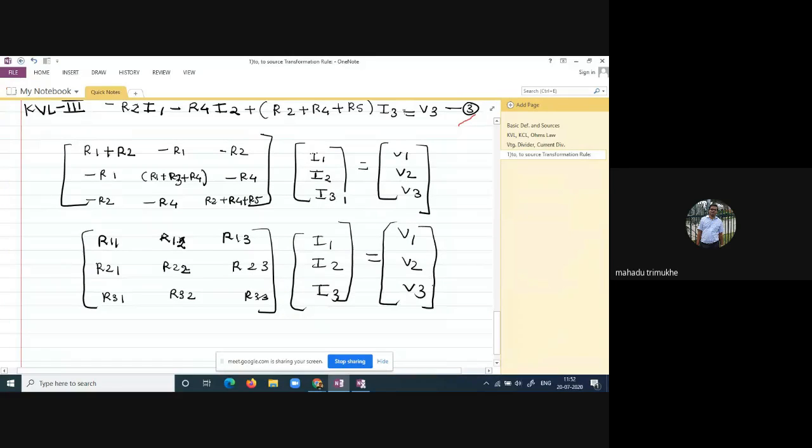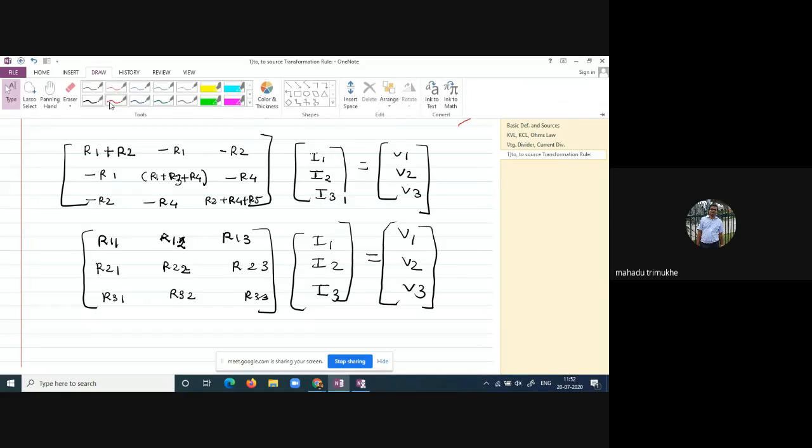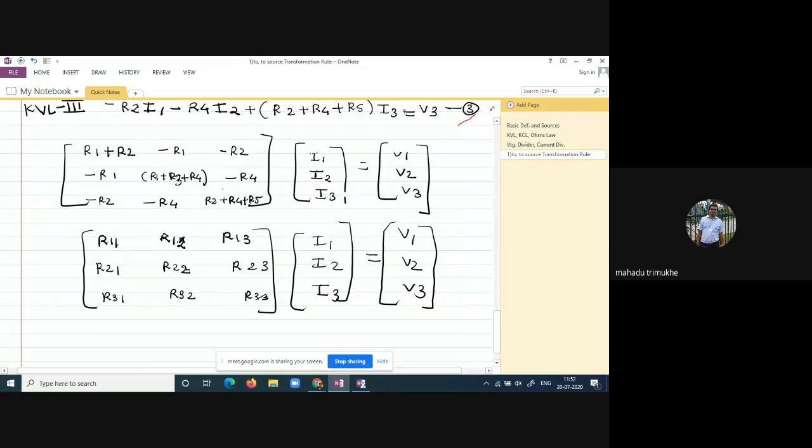So here we write all these equations in general form. What is R11? R11 is nothing but the self resistance, the sum of all resistance in mesh 1. R12 and R21 are the mutual resistance, the sum of all resistance common to mesh 1 and mesh 2.